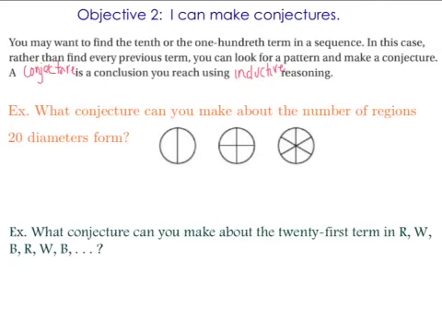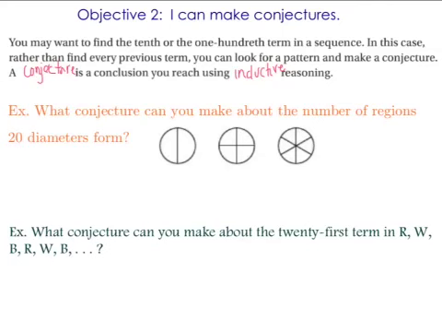Inductive reasoning, for those of you who may have forgotten from algebra, is the process where a small observation that you might make is used to infer a larger theory without actually proving it. So we're going to take what we see in our examples and reason based on just what we see.